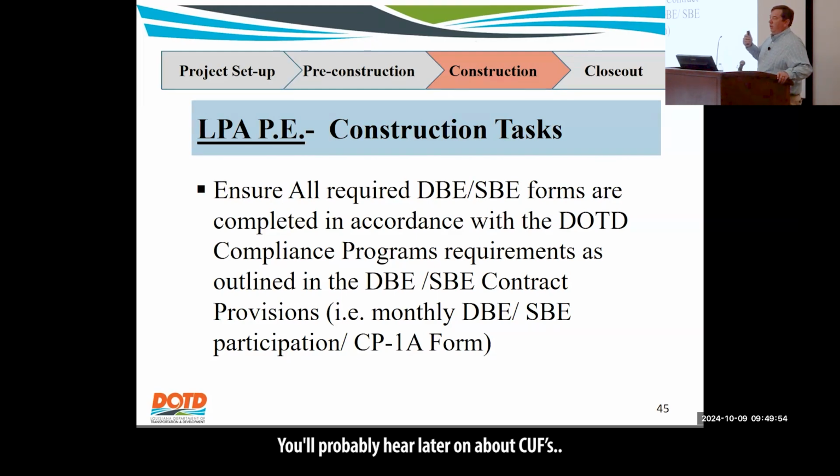You'll probably hear later on about CUFs, commercially useful function. You got to make sure that the DBE is performing the work that they are required to do, that they didn't just, on paper, get hired, but really the prime consultant is doing all the work. Y'all got to verify that sort of stuff.